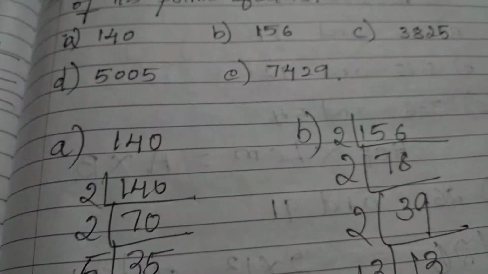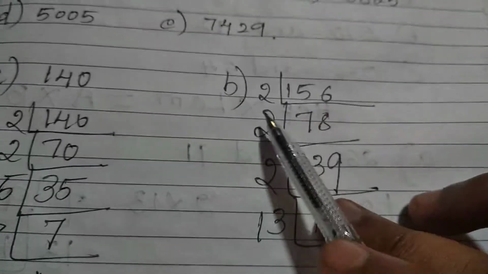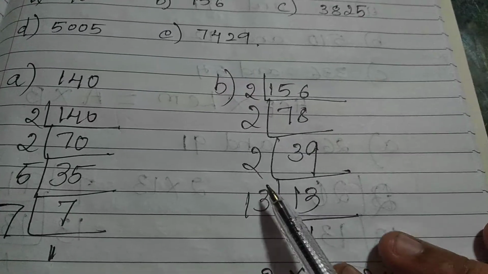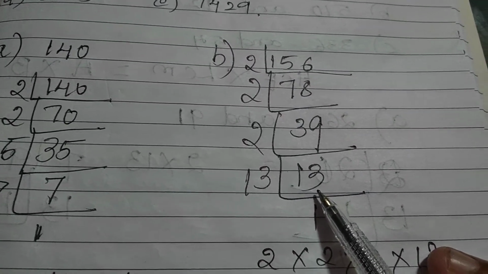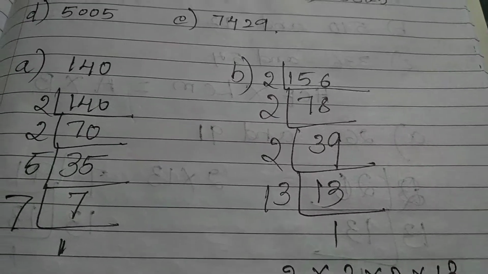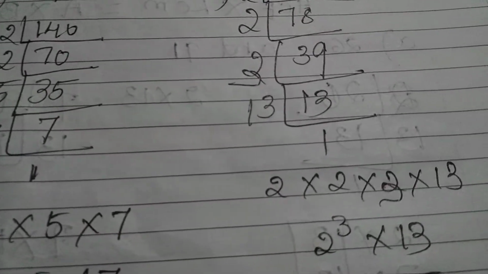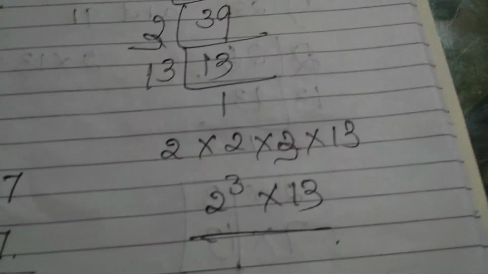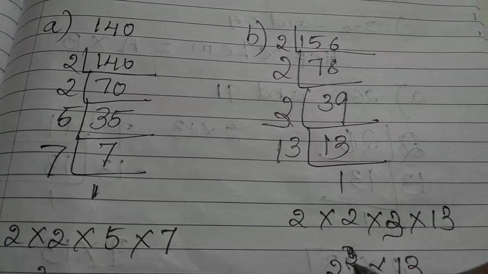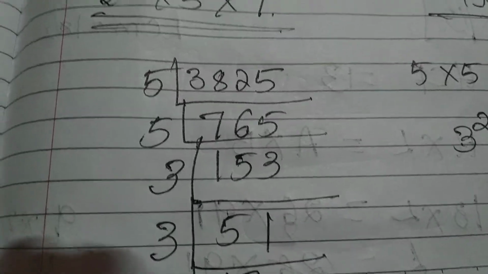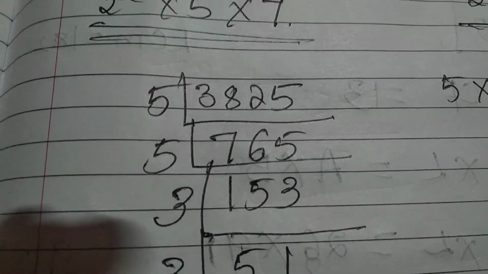Next one, 156: from 2, 78, from 2, 39, from 3, 13. So 2 into 2 into 3 into 13, that is 2 square into 3 into 13. Next, the third one, 3825.